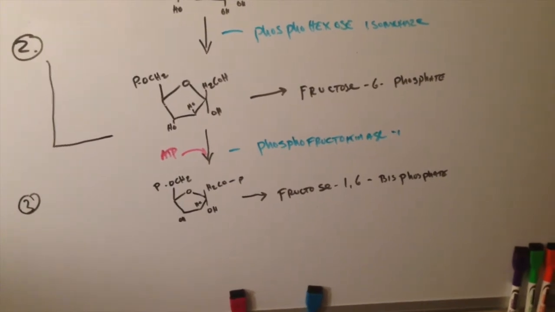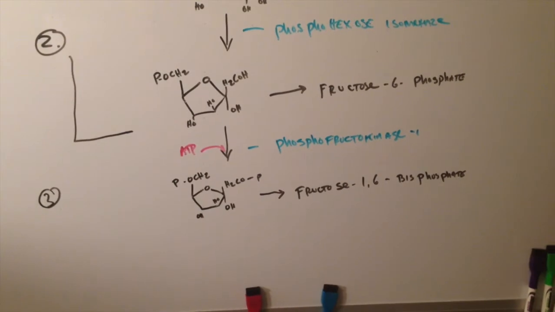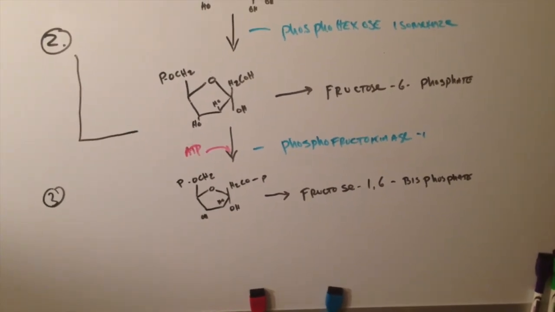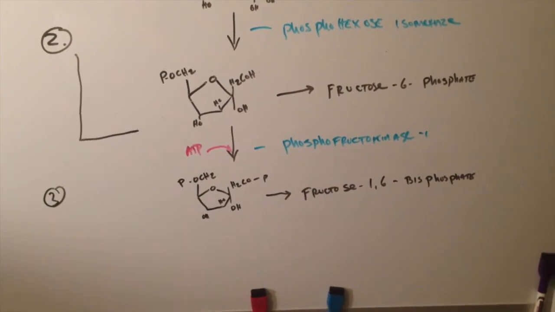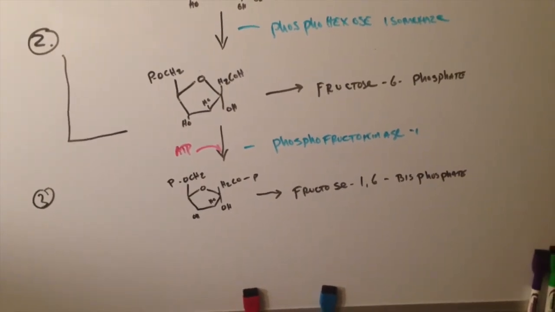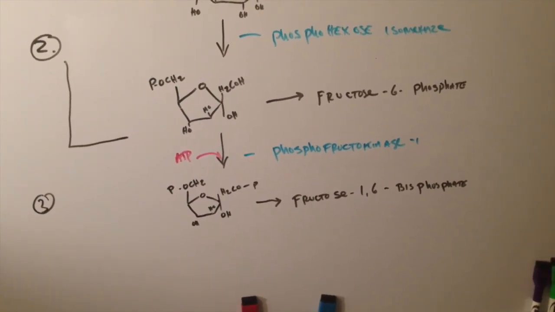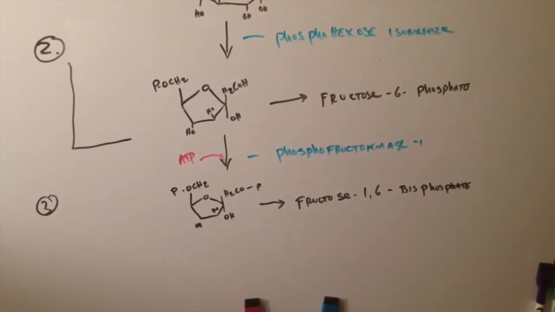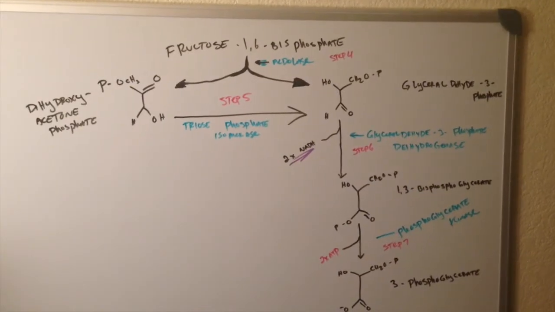With the introduction of another enzyme called phosphofructose kinase 1, this enzyme attaches another phosphate group from another ATP to our molecule, which then creates a new molecule called fructose 1,6-bisphosphate.